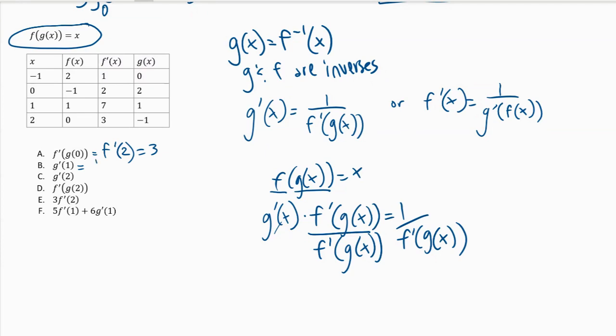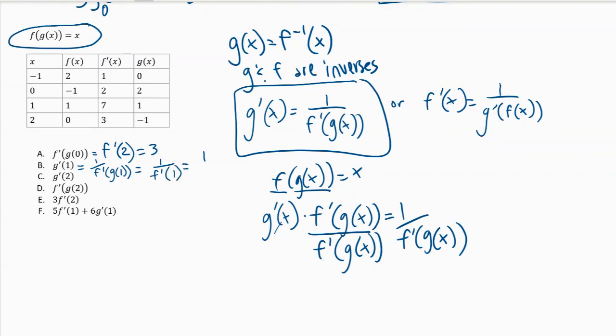So I'm going to have to do 1 over f prime of g of 1. I have to use this rule right here. So that is 1 over f prime. G of 1 is 1. And what's f prime of 1? Also, f prime of 1 is 7. So we get 1/7. Okay, so that's A and B.